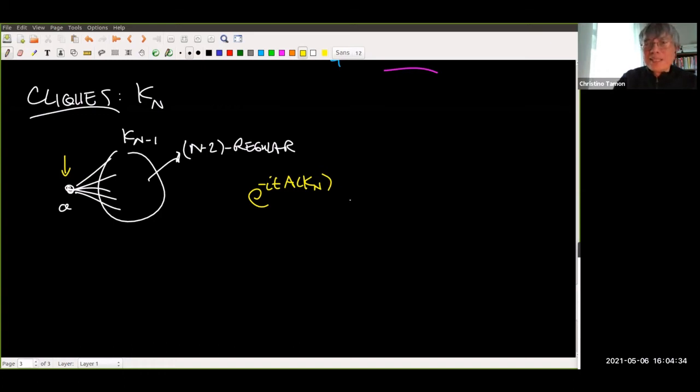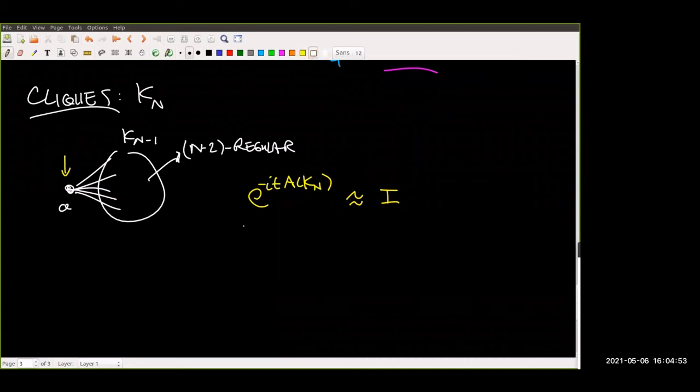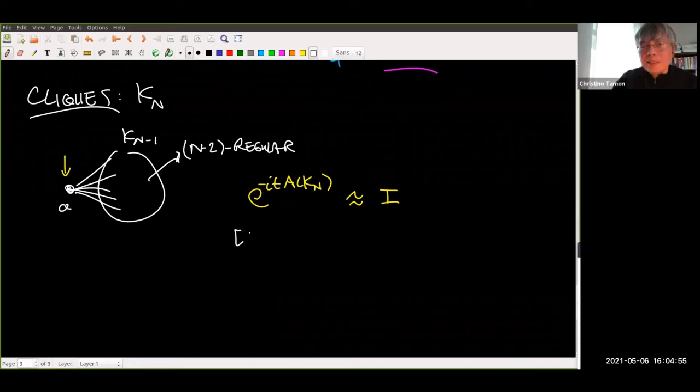Can somebody tell me what is the profile of this matrix? Is it okay if I say this is approximately identity? This is a result by Chris, and he called these sedentary graphs.